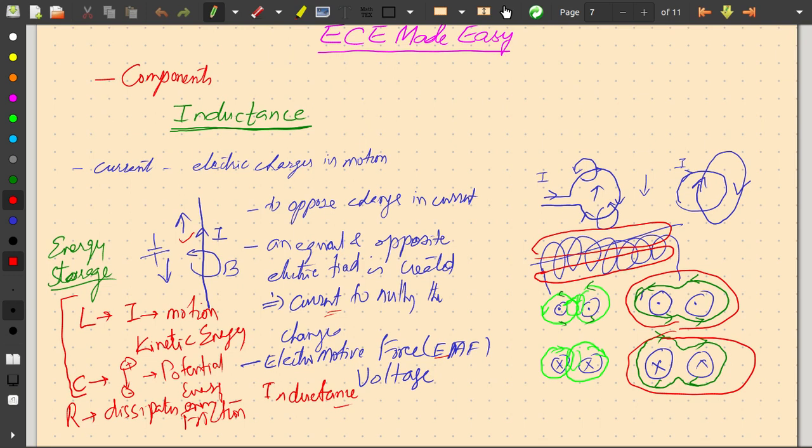As we discussed in our previous session, inductance is a property of any conductor that is to oppose the change in current.